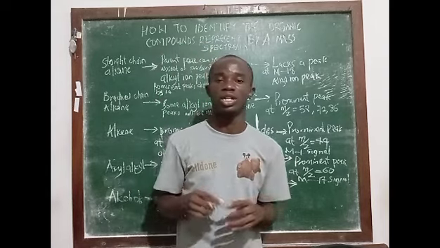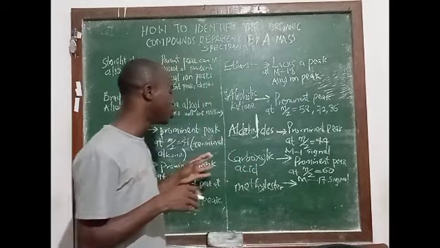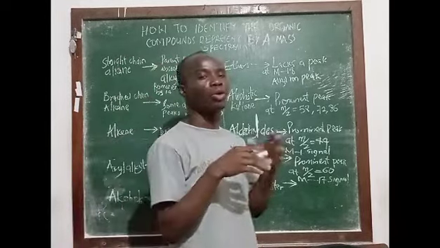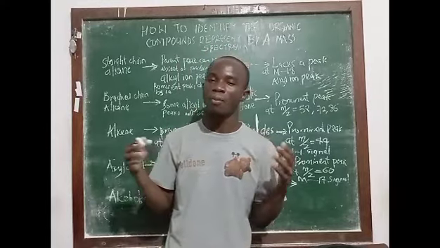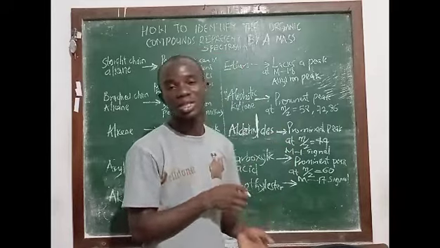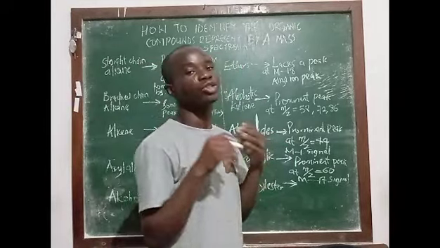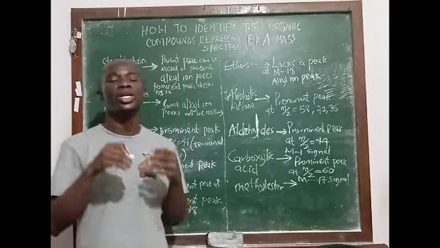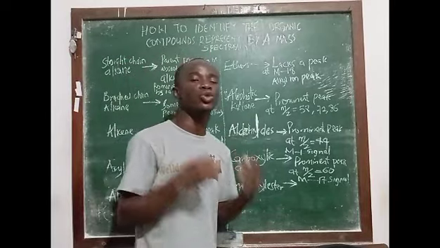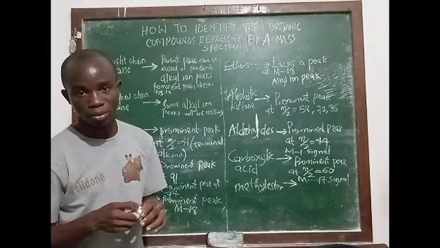And the last but not the least, in this particular video, is the methyl ester. Note that there are different compounds under esters, but in this case I'm going to be focusing on methyl ester. So for methyl esters undergoing McLafferty rearrangement, you can always see a prominent peak at 74.